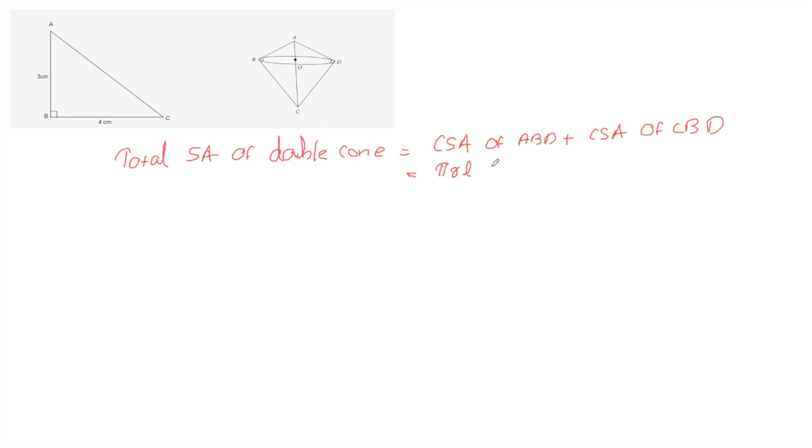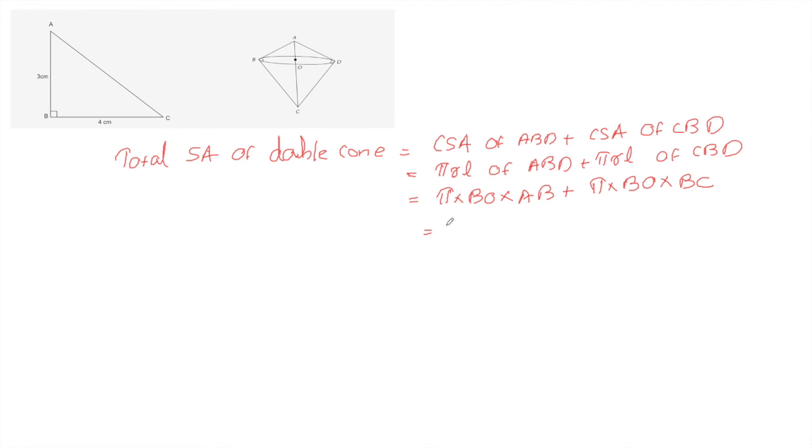So pi RL of ABD plus pi RL of CBD. Here pi into radius of cone ABD is BO, and the slanted length is AB, plus pi into the radius of CBD, again BO, into slanted length BC.